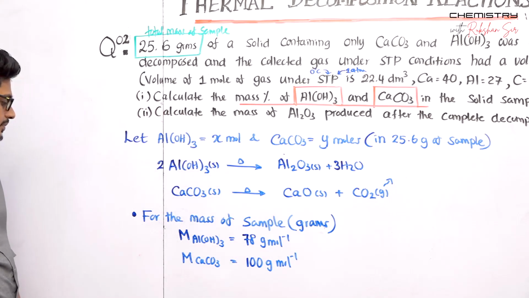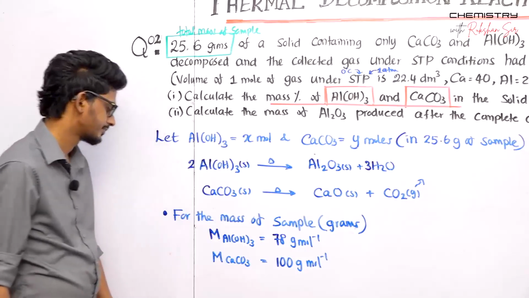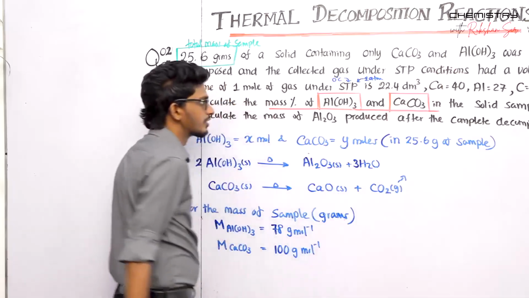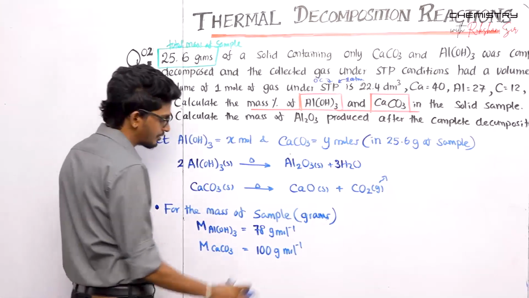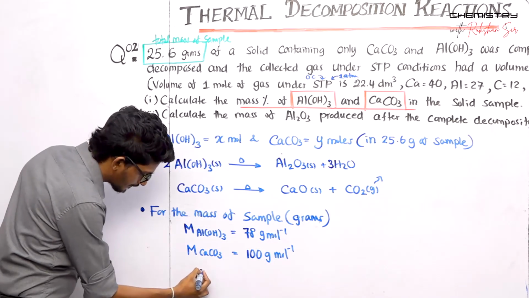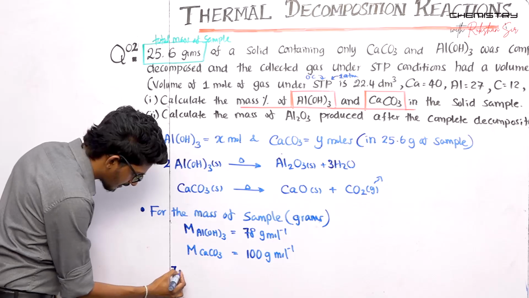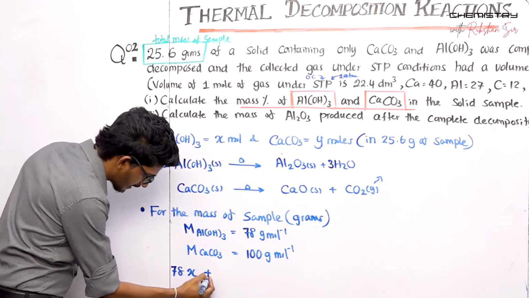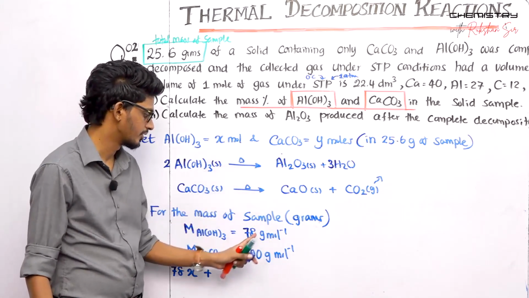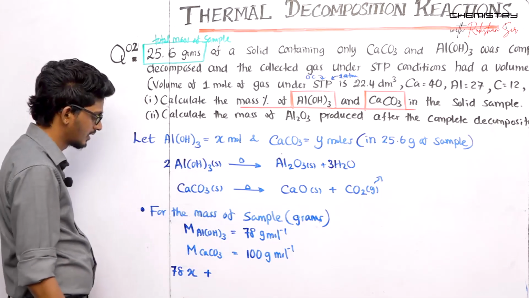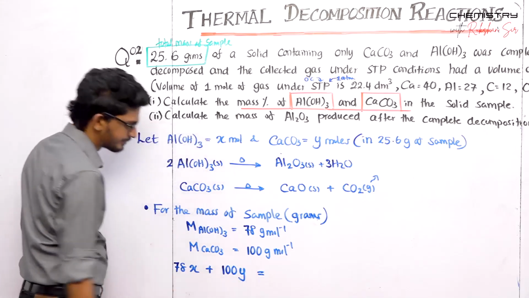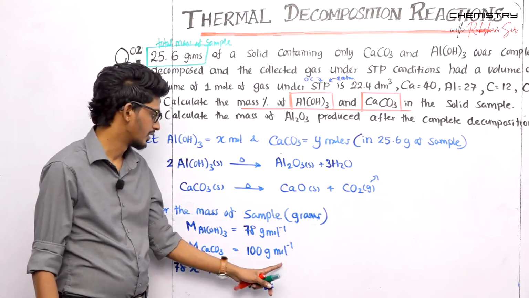The total mass of sample is then the summation of the masses of these two. First, the mass of aluminum hydroxide can be written as g mole minus 1 data into its number of moles, so it is 78 into x: 78 g mole minus 1 into x moles. Mole minus 1 and mole will cancel off to give the value in grams. Like that, the calcium carbonate mass is 100 y: 100 g mole minus 1 into y moles.